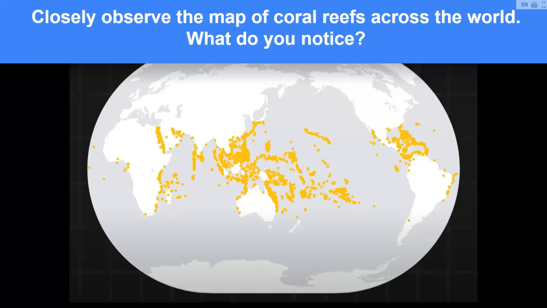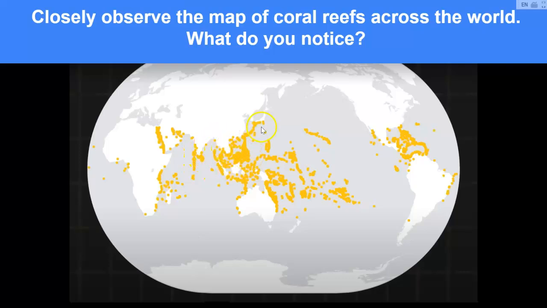What do you notice? If you want to think about it by yourself, go ahead and pause the video. If you're still listening now, you might notice that all of these coral reefs are right around the edge of the continents. So these are fairly shallow areas.